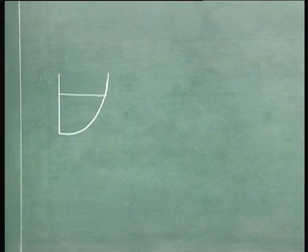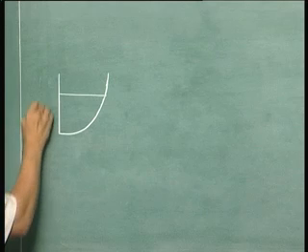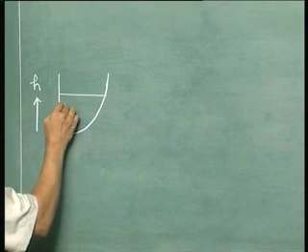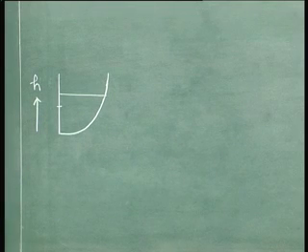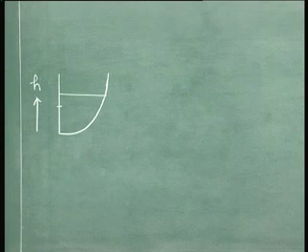Now supposing somebody asks you what is the amount of water at any height h, say this is height h. Supposing I want to know what is the amount of water at that height. It makes no sense.